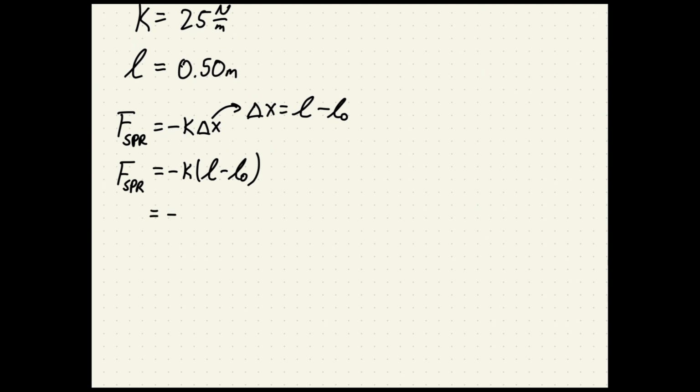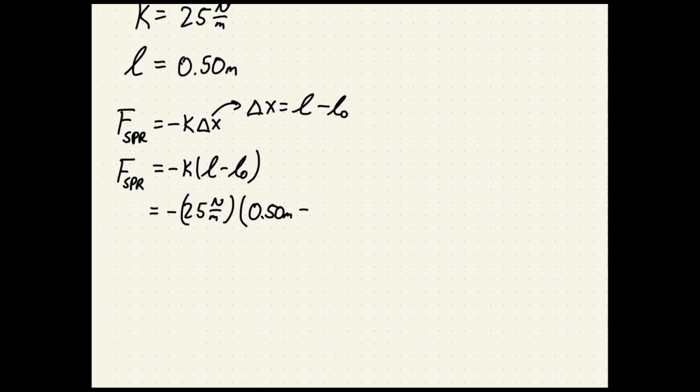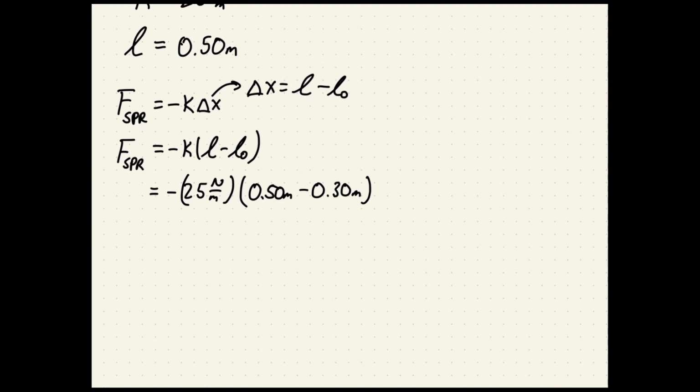From here, I can just plug in some numbers. I know I have 25 newtons per meter as my K value. I have a negative sign out front, and I have L equal to 0.5 meters. And we subtract from that 0.30 meters, 30 centimeters. When I do the subtraction, I should get around 0.2 meters, and I'll multiply that by 25.